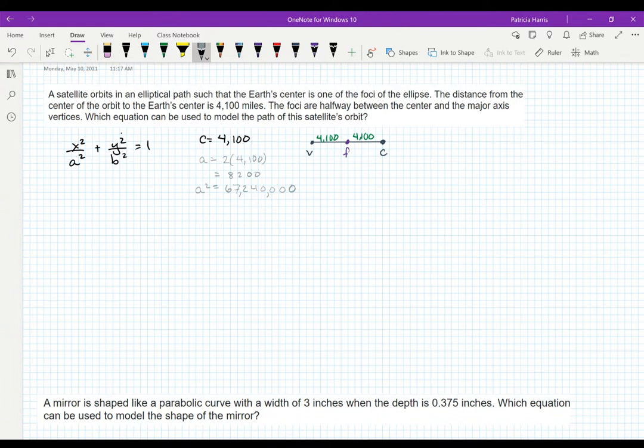Okay, so now what I can do is I can use the equation for the foci to find the b squared. If you remember, the equation for the foci of an ellipse is c squared equals a squared minus b squared. So we're going to do 4,100 squared.